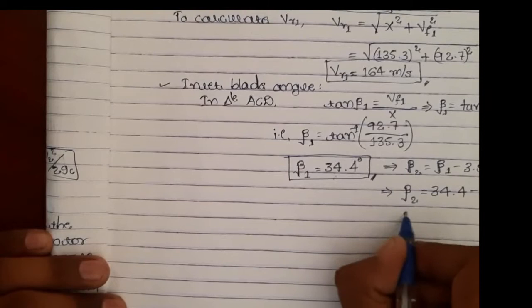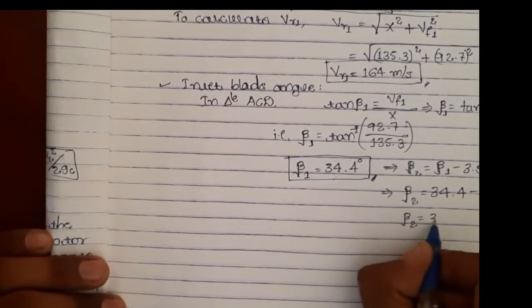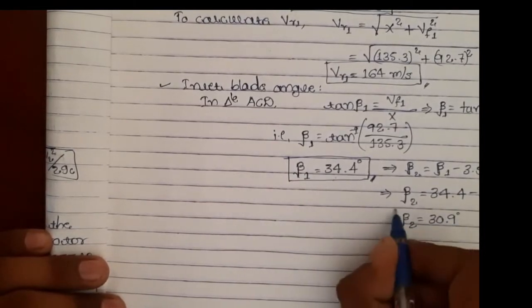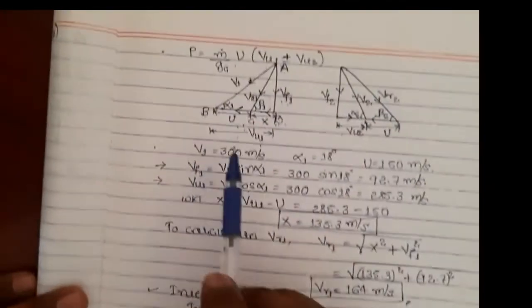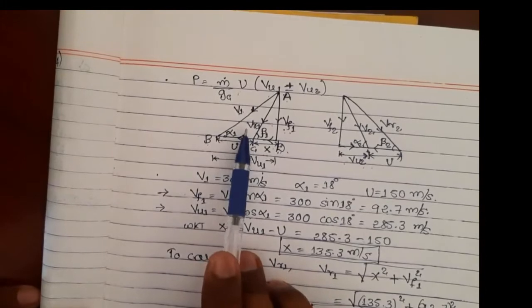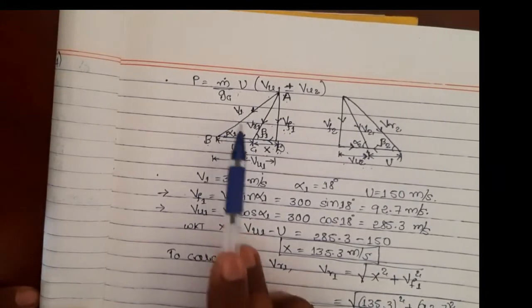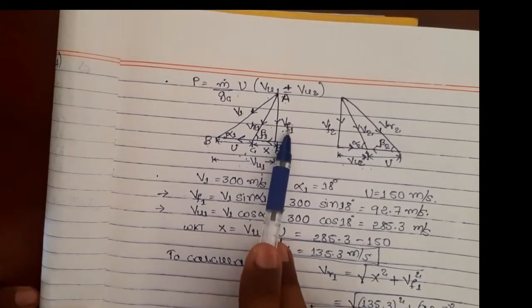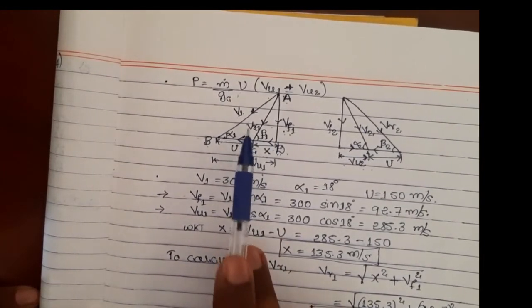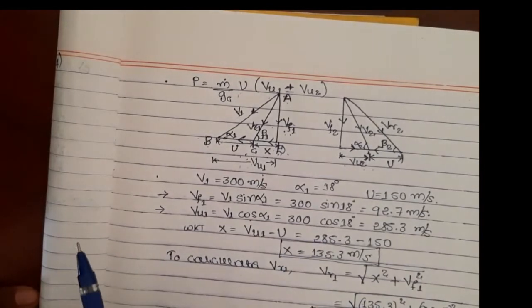So beta 2 is 30.9 degree. So we have calculated beta 2 also. Now if you observe the inlet velocity triangle, we know all the parameters. We know V1, alpha 1, U, VU1, beta 1, VF1 and VR1. Similarly, let us calculate the outlet triangle parameters.